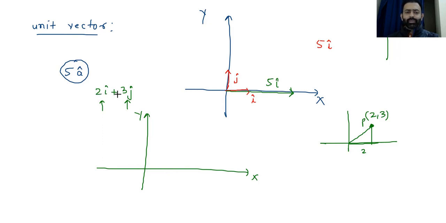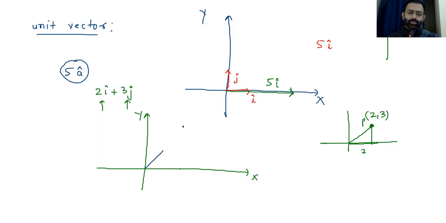So 2i cap plus 3j cap simply means that there is a vector which has moved 2 distances in the x direction and 3 unit distance in the y direction to arrive at a certain position, right? So this is, let us say, 2 units, and this is, let us say, 3 units. So you get a position vector.